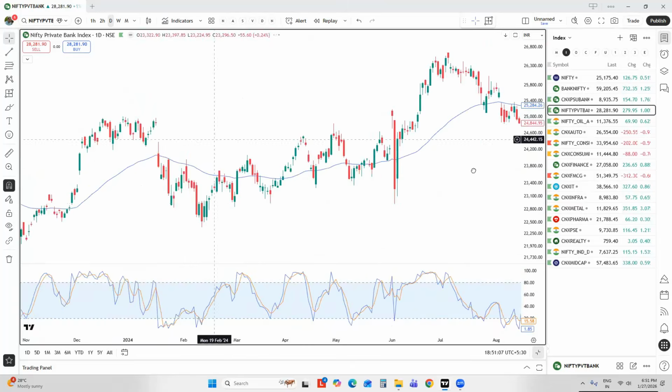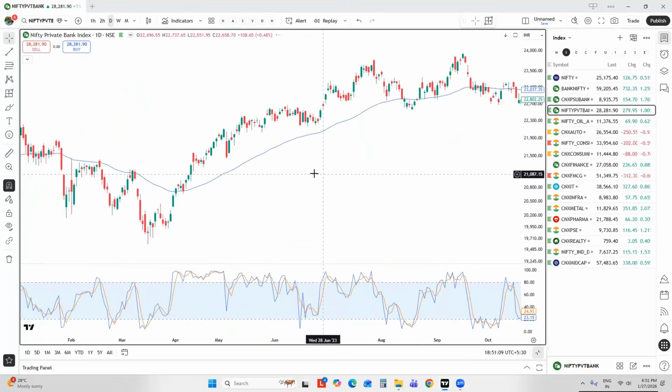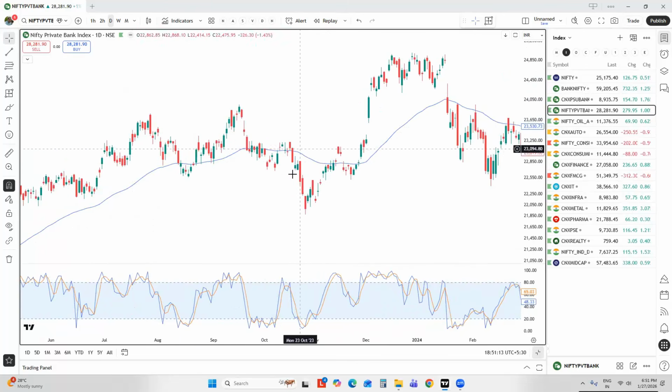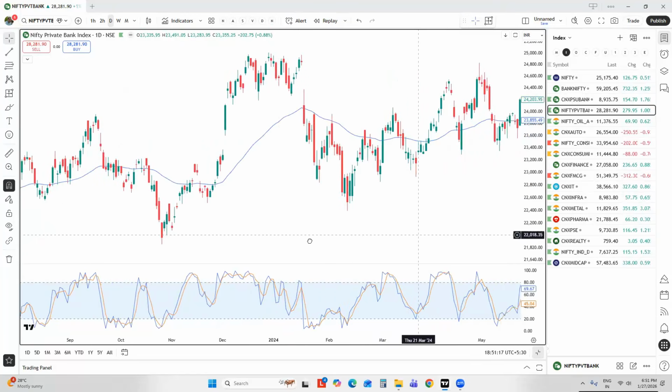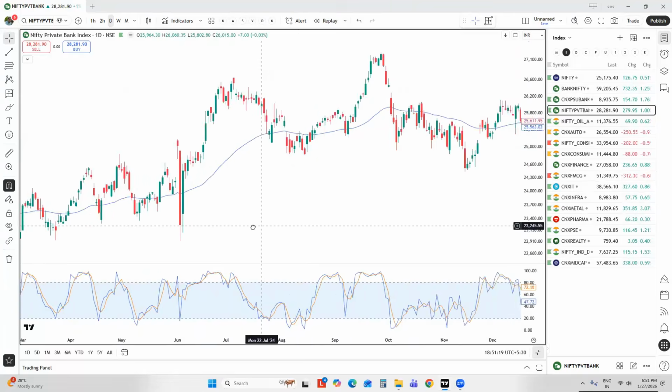Even in this private banking space, you will see over here, when it's choppy, it's very difficult. We don't want to trade this choppy move, but when we have a confirmed uptrend or a downtrend, that time it will be very, very helpful.